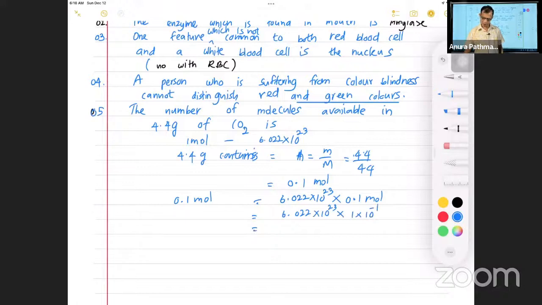So the answer is 6.022 times 10 to the power 22 molecules. That amount of molecules is available.